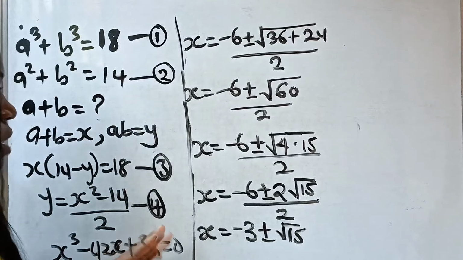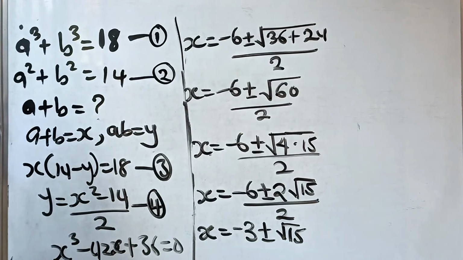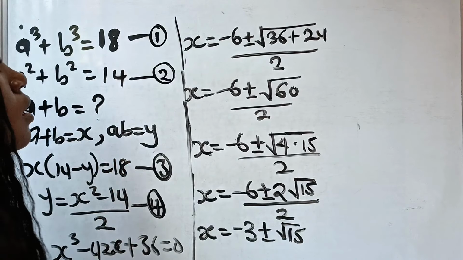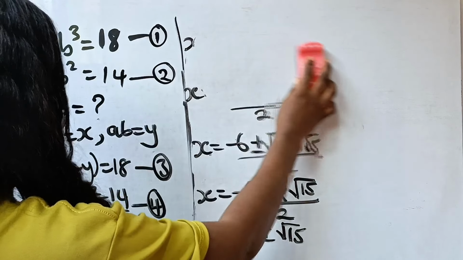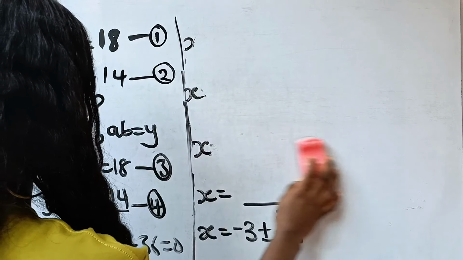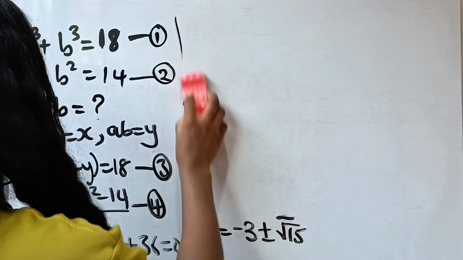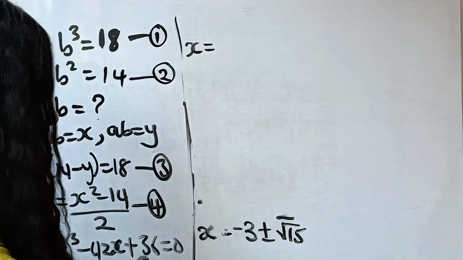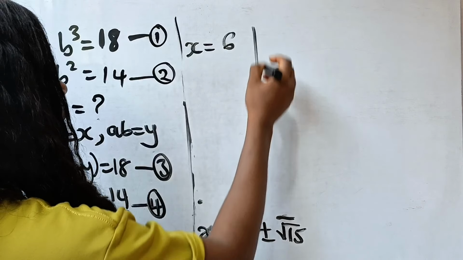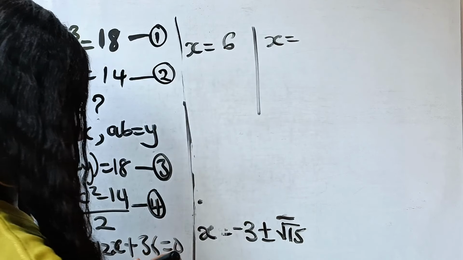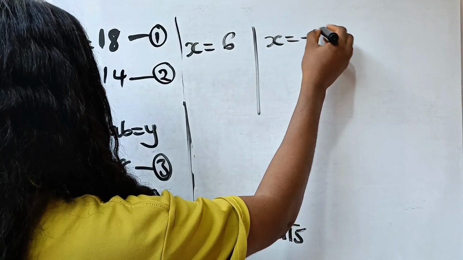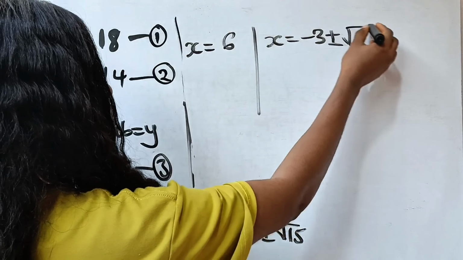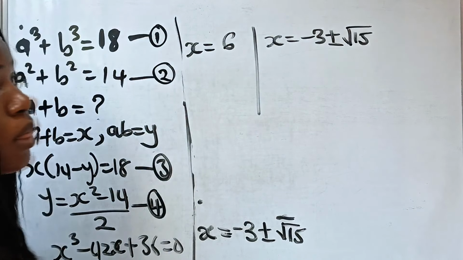It's simple. The first x that we got, I claimed, was equal to 6, remember. So now we have our values of x. The first x is equal to 6, and we have x equal to minus 3 plus or minus root 15.